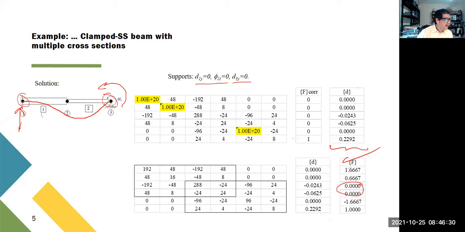But if we have a force here, we need another force here to cancel this one. And this is what we are seeing here. Okay, so we have a pair like this, a pair like that, and we need another one here in order to equilibrate. And that's what we have here.